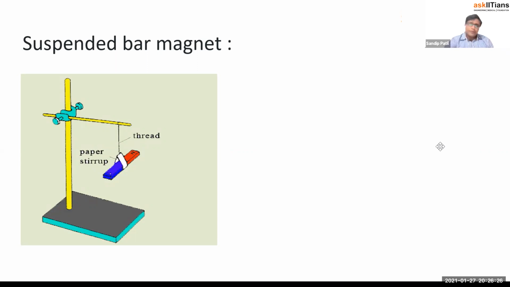So what you can do, just take a magnet. Now remember, just consider that we don't know which one is the North Pole and which one is the South Pole. What we are going to do, just suspend this magnet like this and give some push to this magnet. Now, what we can observe is that this magnet is going to come to rest in some direction, right?